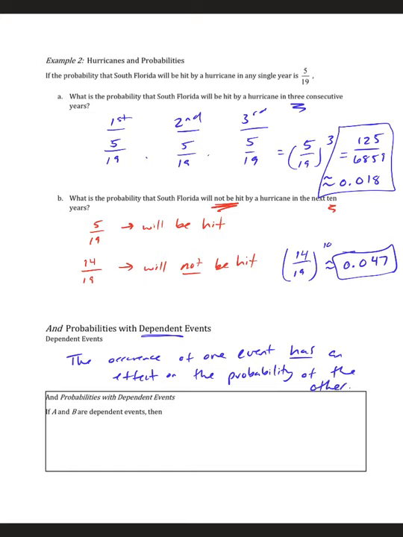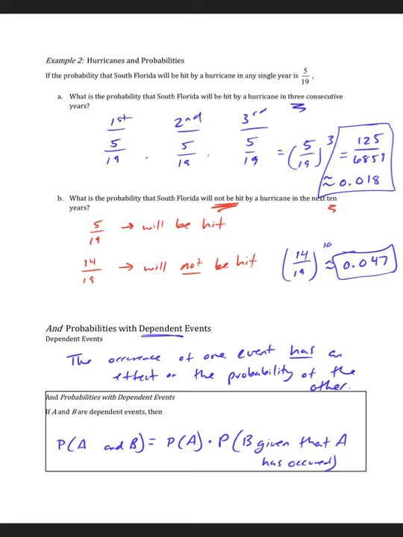The formula here is we're going to take the probability of A and B is going to be the probability of A, and we're multiplying it by the probability of B given that A has occurred. So now we need to take into account that something already happened before we can look at the probability of B.